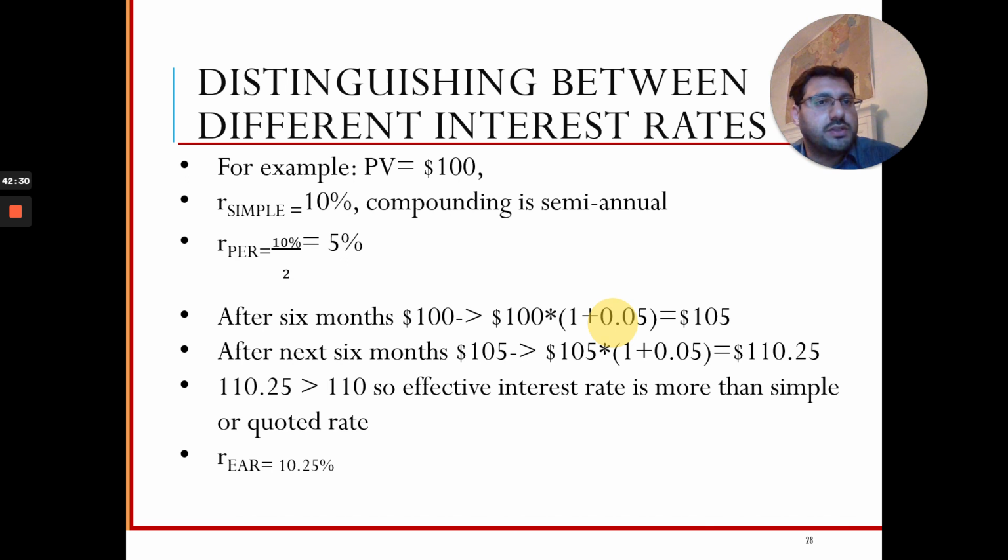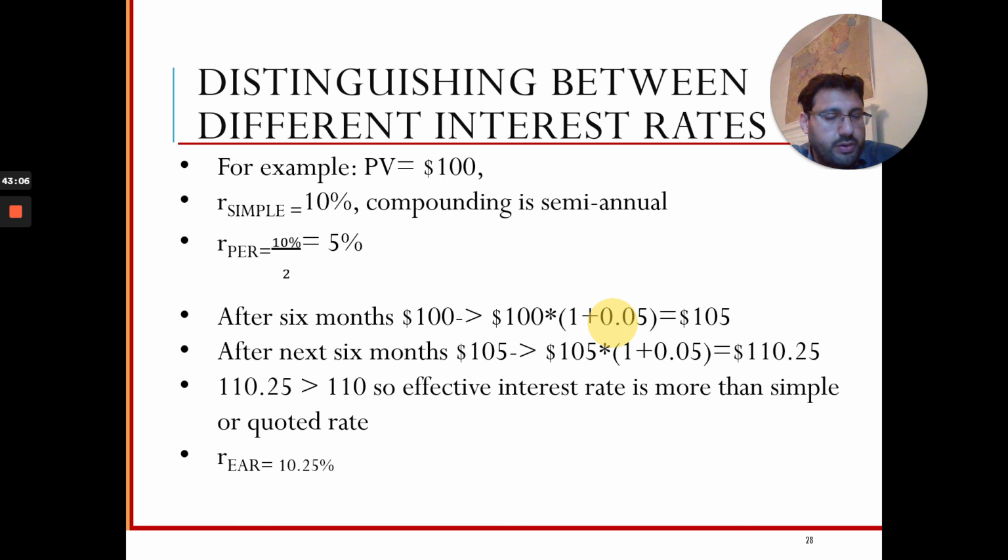And what is the rate which you got? You actually got 10.25%. So EAR stands for effective annual return. When you have annual compounding, the simple interest rate, R simple, is equal to the EAR. So the simple interest rate is equal to the effective interest rate when the interest is being paid 1 time in a year, when there is annual compounding.